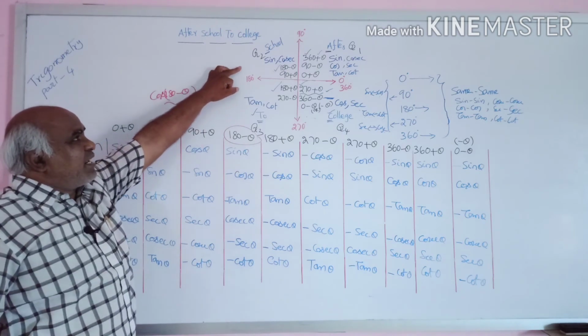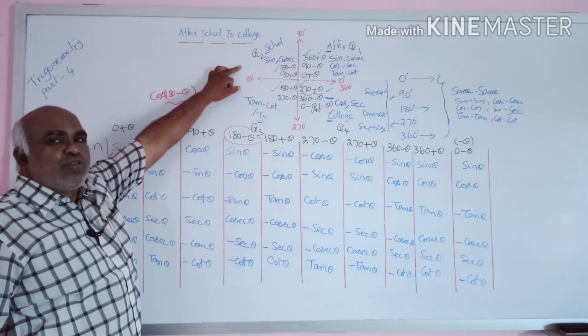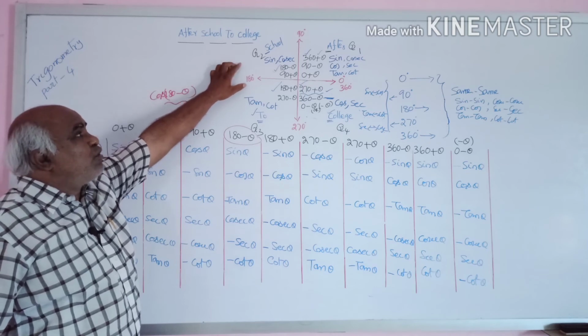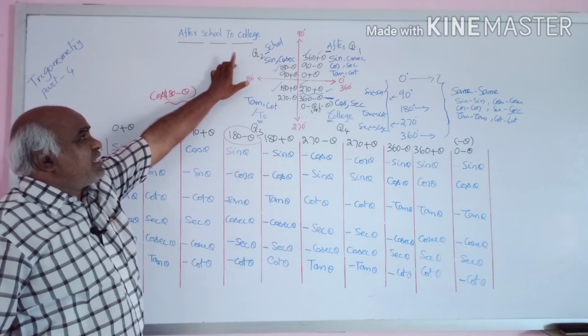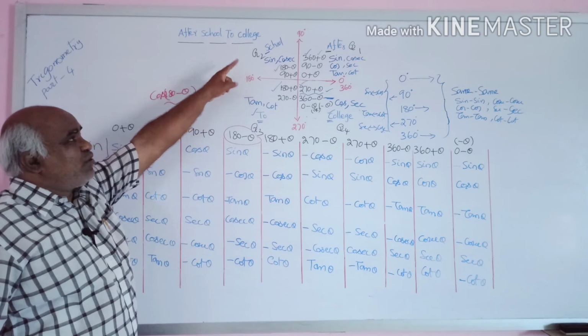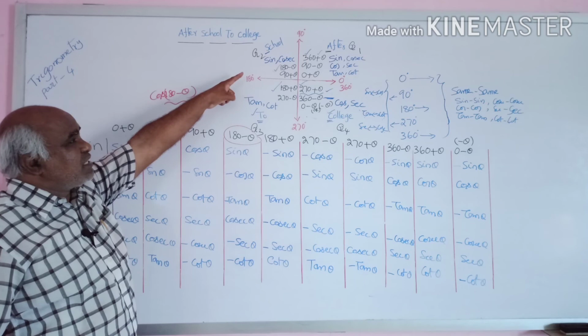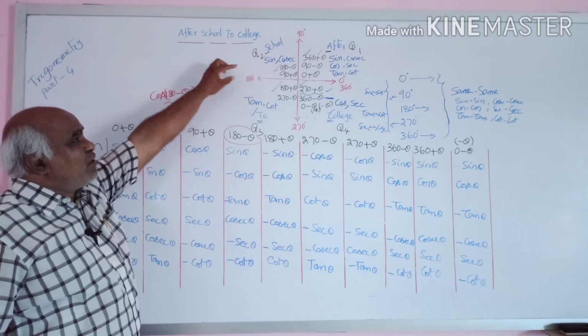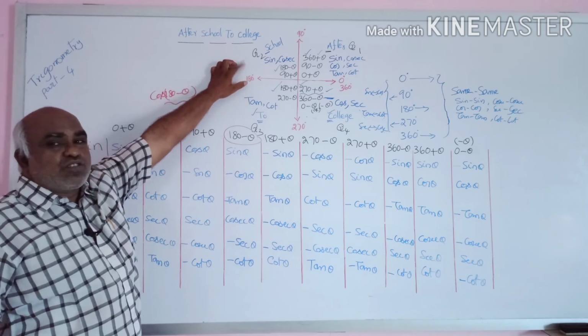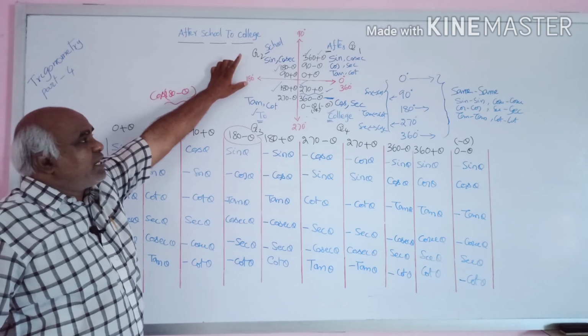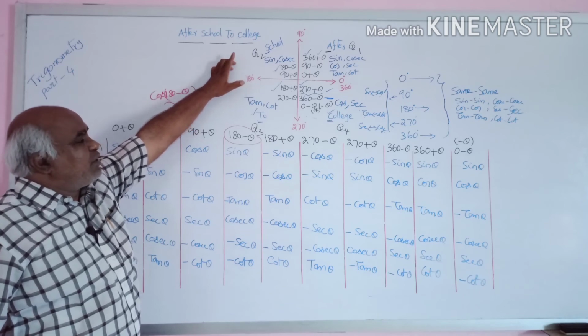In the second quadrant, only sine and cosecant are present, because school means the first letter is S. S means the trigonometric ratio which starts with S, that is sine. The reciprocal of sine is cosecant. Only two ratios are positive in the second quadrant. The remaining four ratios are negative.